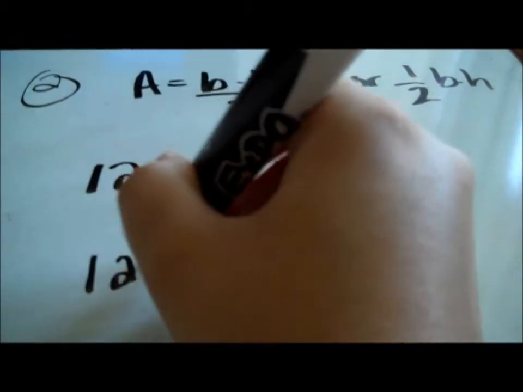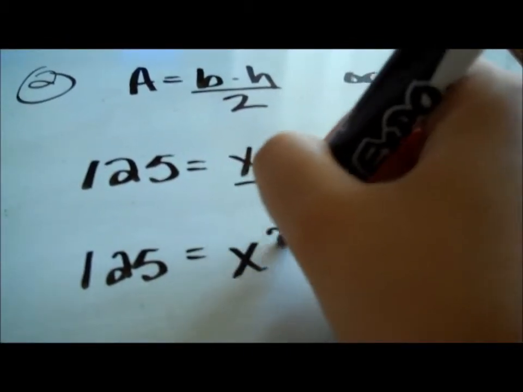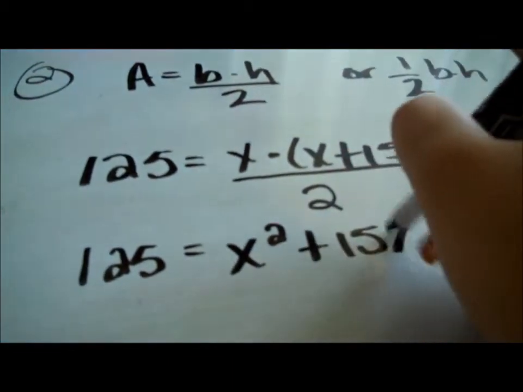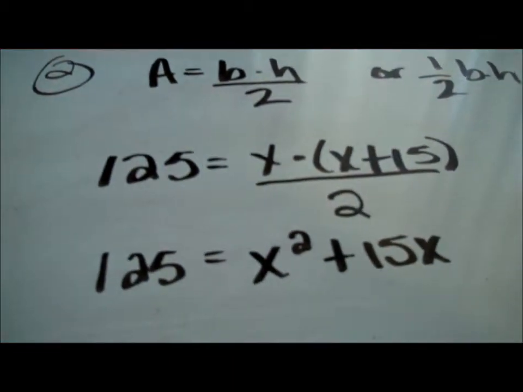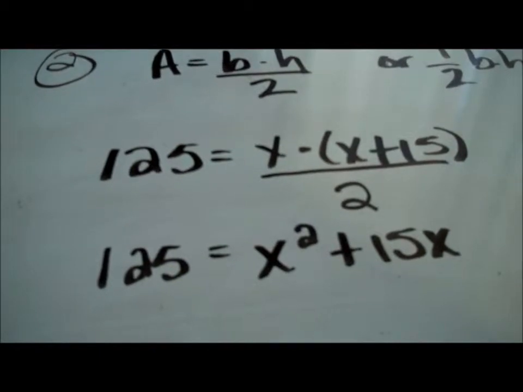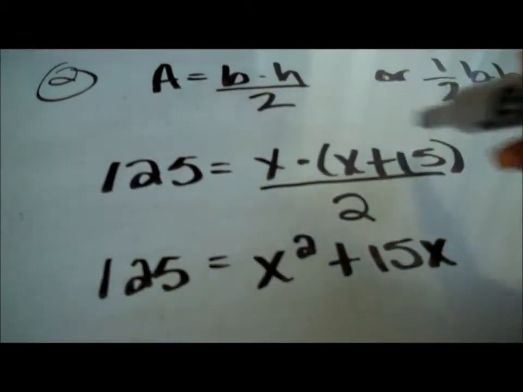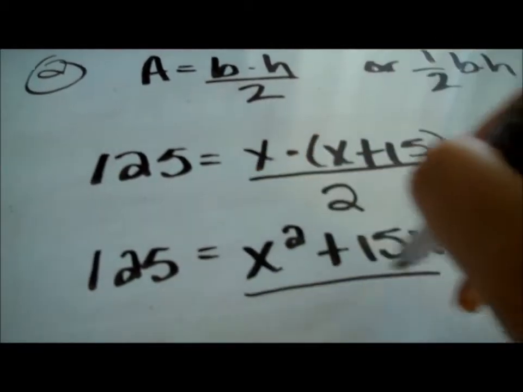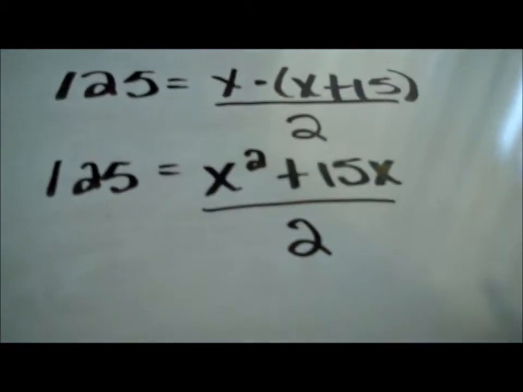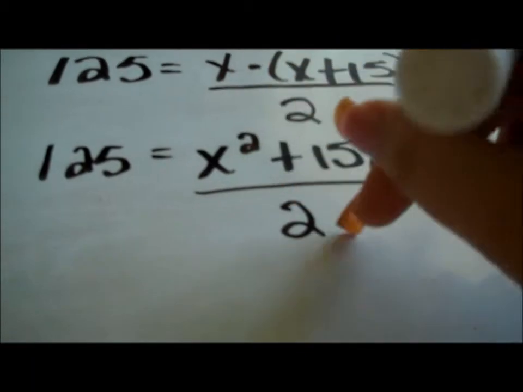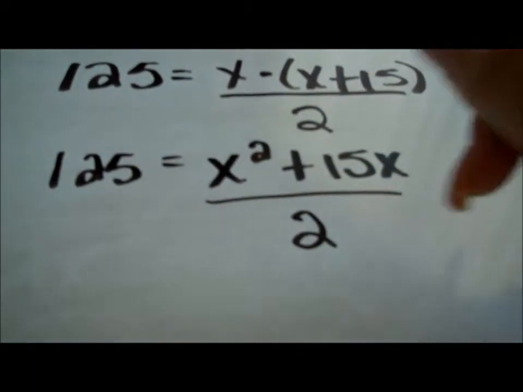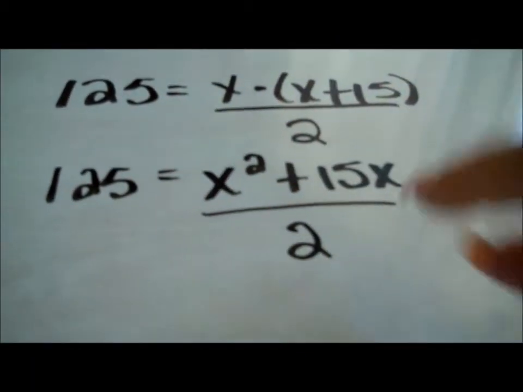We need to simplify the numerator here, so we get 125 equals x squared plus 15x, because again, we are distributing the x on the outside to this binomial, divided by 2. I would really like to get rid of this fraction. So to get rid of the fraction, we do the opposite.